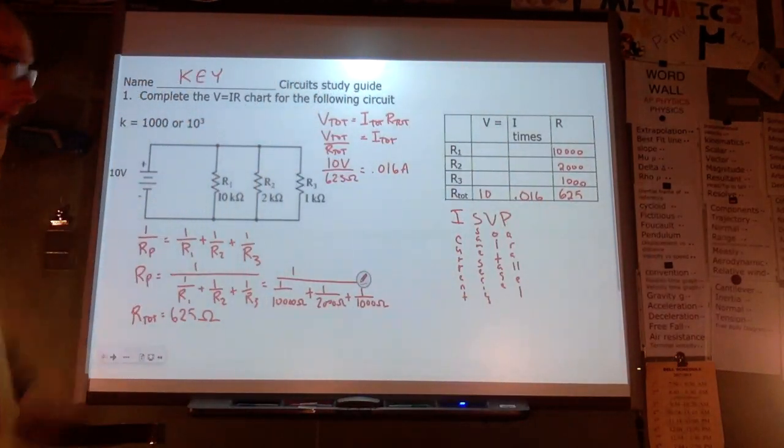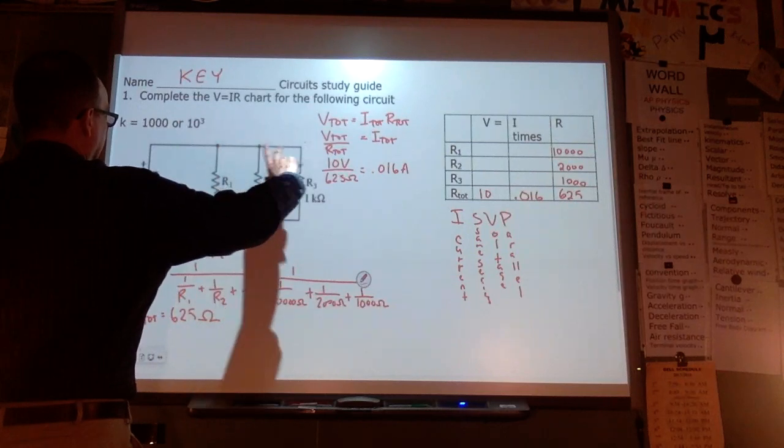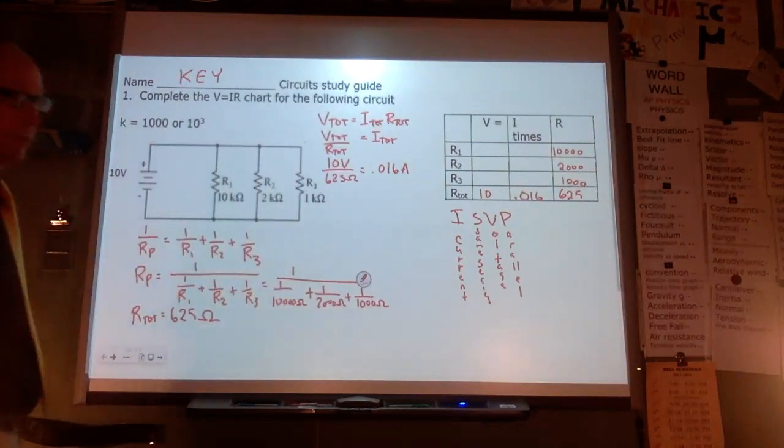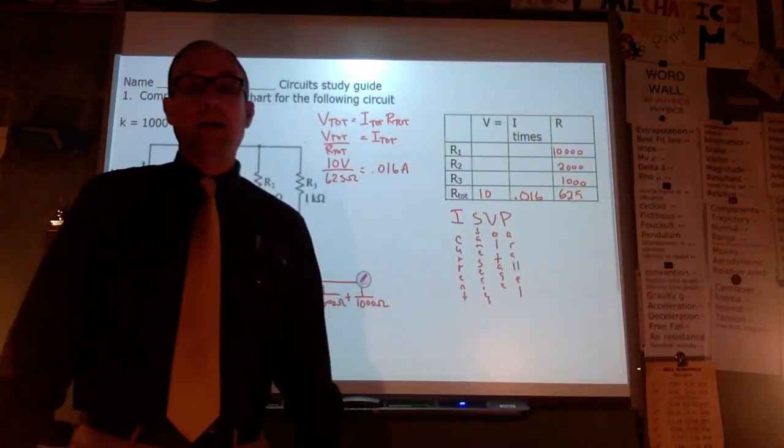So if I look at what I have here, in our first case, these are all parallel. Each one of them has an independent path to this 10-volt battery. So they're all going to get to 10 volts.